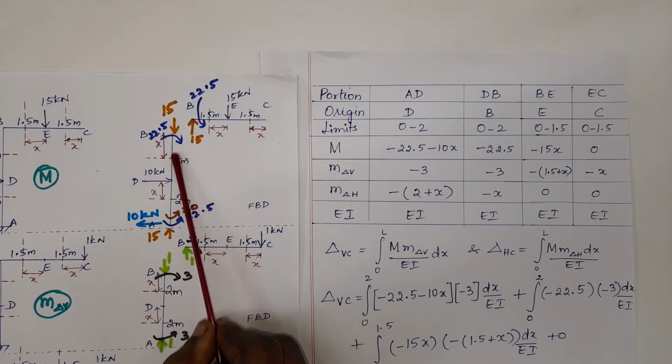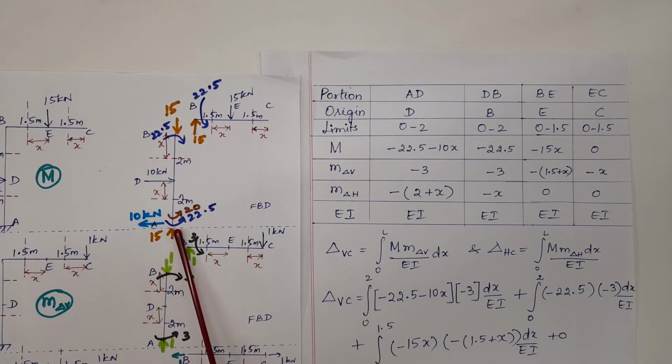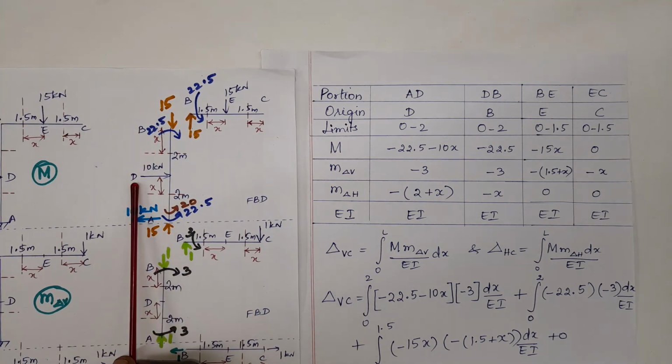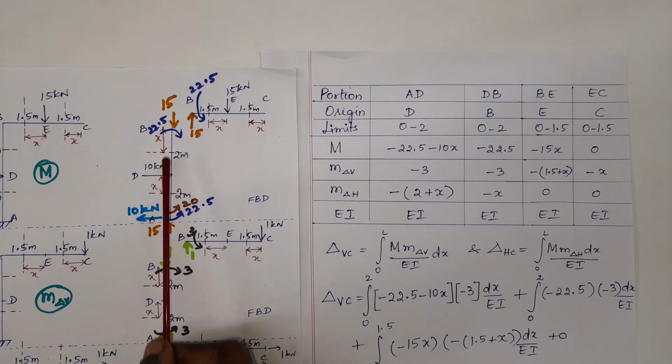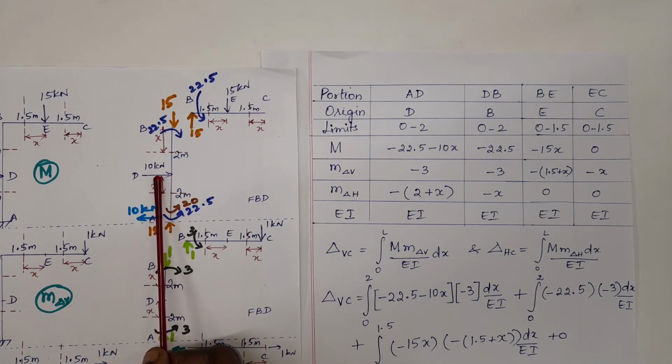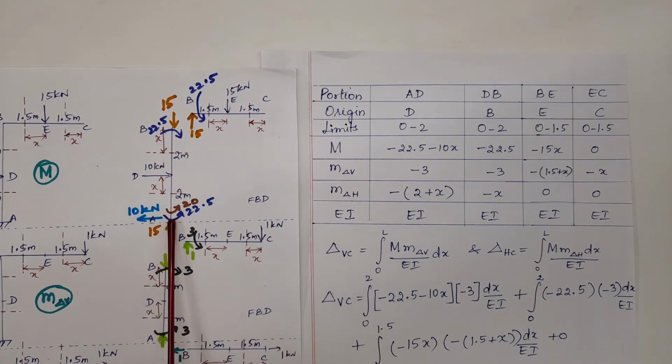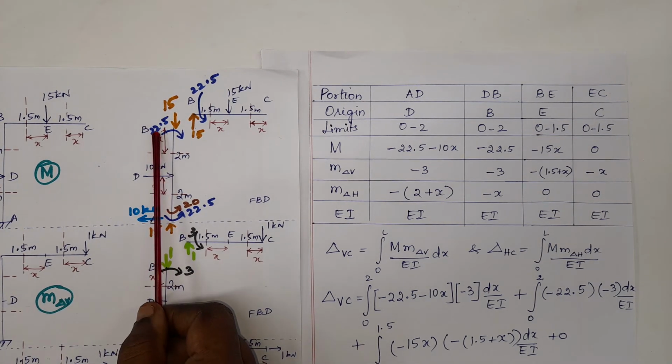Next, when I go to the column BA, again there is a loading dividing the column into 2 segments. In segment BD, starting from B till D, we need to find if there is any sagging or hogging bending moment taking place. This 15 is acting axial. That doesn't cause any bending moment.